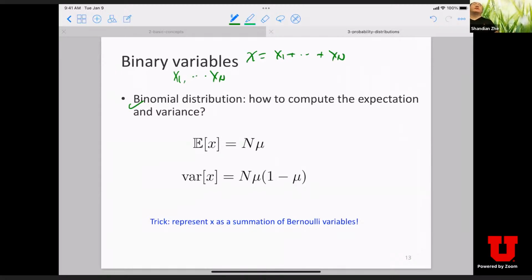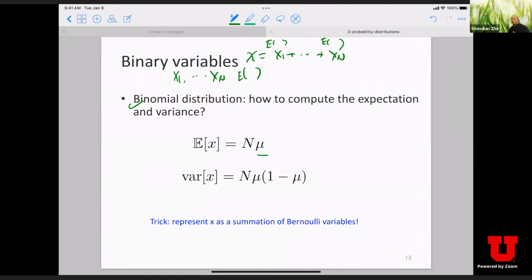Also, x1 to xn are independent because this is the definition of a binomial experiment. Then the expectation of this is the summation of the expectations of each individual experimental outcome, and for each one, the expectation is simply mu. So you add up n i.i.d. experimental outcomes, and the sum is simply n times mu.